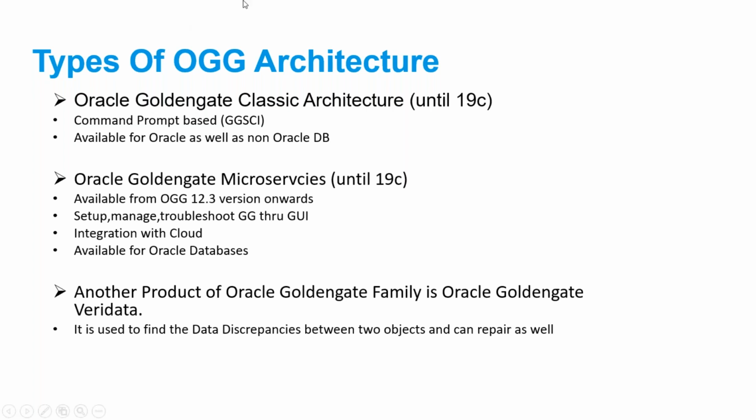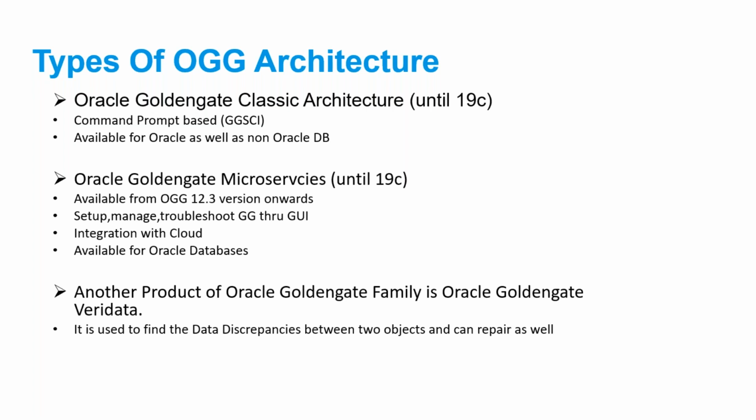In 2017, Oracle renamed it to Oracle Goldengate Classic Architecture, and they launched a new architecture of Goldengate called Microservices Architecture. Microservices architecture is available from Goldengate version 12.3 onwards. So from version 12.3 onwards, you have two types of architecture available: one is classic, the second is microservices architecture.